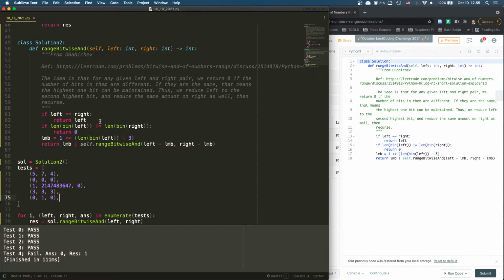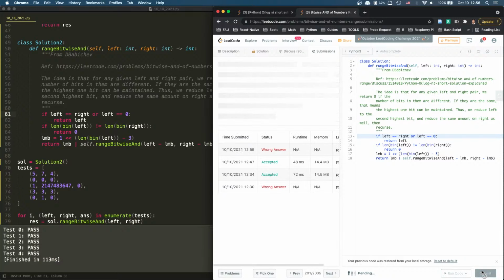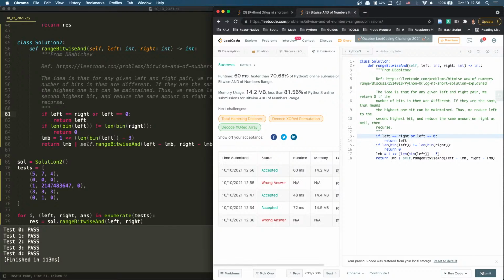So this is going to be len bin, well, that's only one, so 0, so shift to 1, shift to 0, right? So it's going to be 1. So left minus 1 is a negative value. That's not good. So if left equals right, or left equals 0, then we return left. That's why you need this, to handle this situation. There we go.